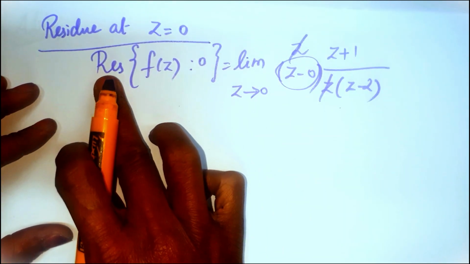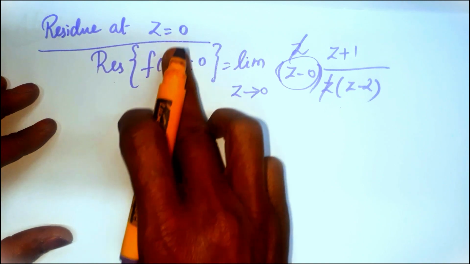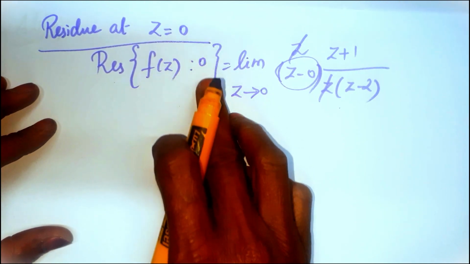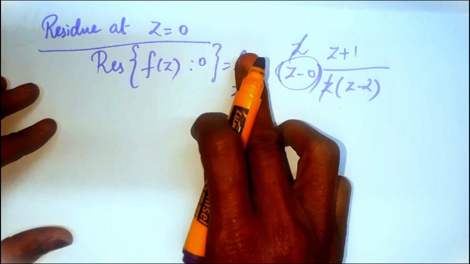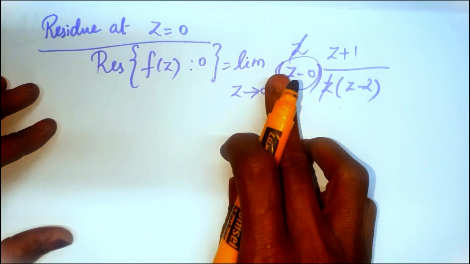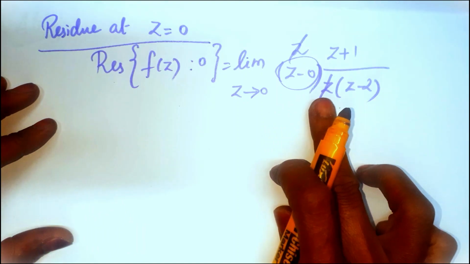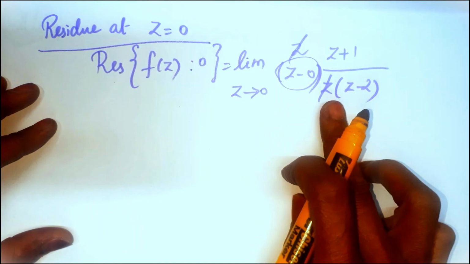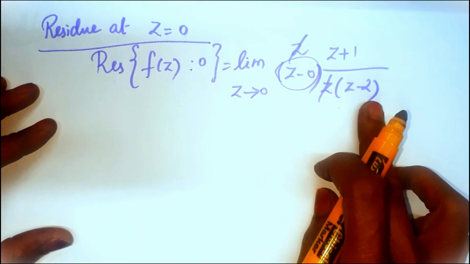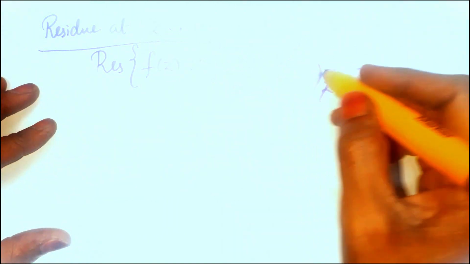When we find the residue of f of z at the given pole, here the pole we have taken is 0, which is equal to limit z tends to 0, z minus 0 into the respective f of z. F of z is of the form z squared minus 2z, but I have rewritten that as z into z minus 2. Now we can cancel these two terms.